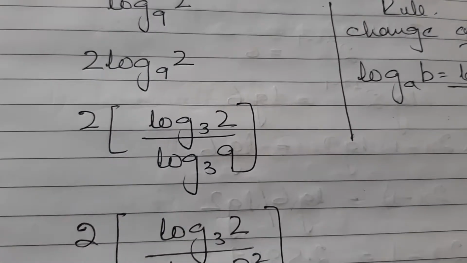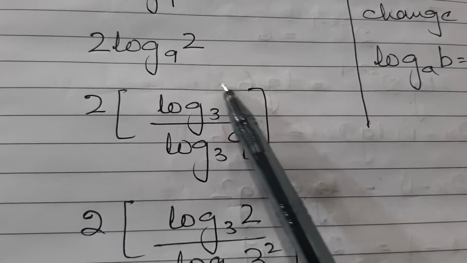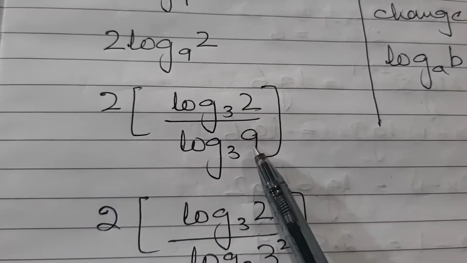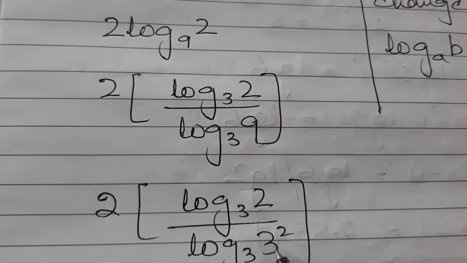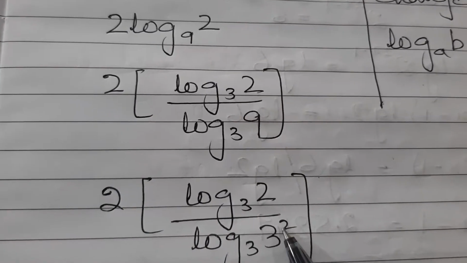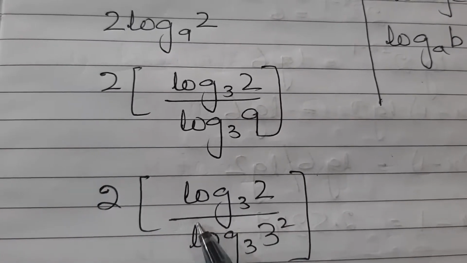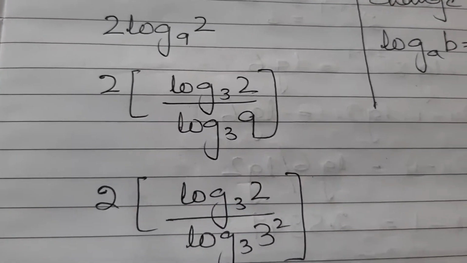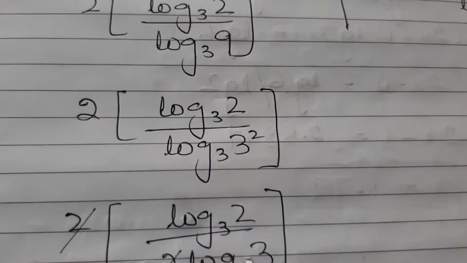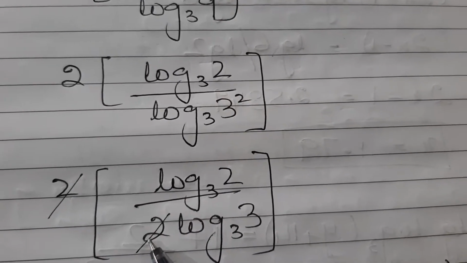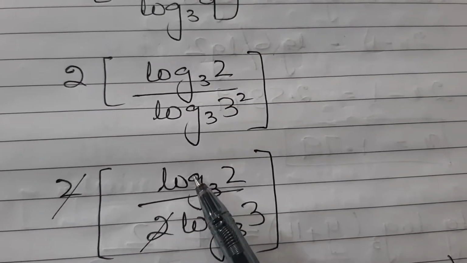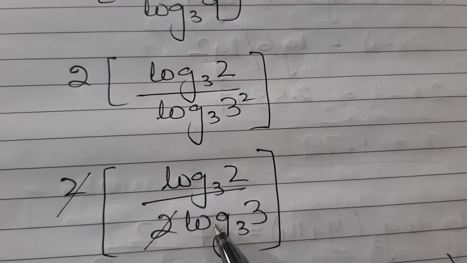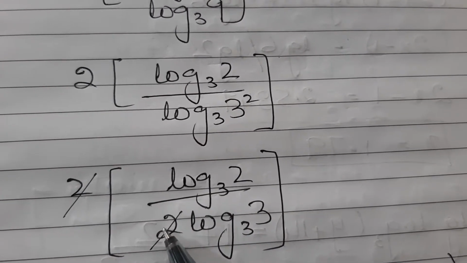Okay, so after that, now here I can't do anything. So let's do something here. 9 can be written as 3 power 2, right? So 2 will come here as a multiplier. This 2 will remain outside as a multiplier for the whole term. So after bringing this 2 down here, now you have log 2 base 3 divided by log 3 base 3 and a multiplier of 2 here.